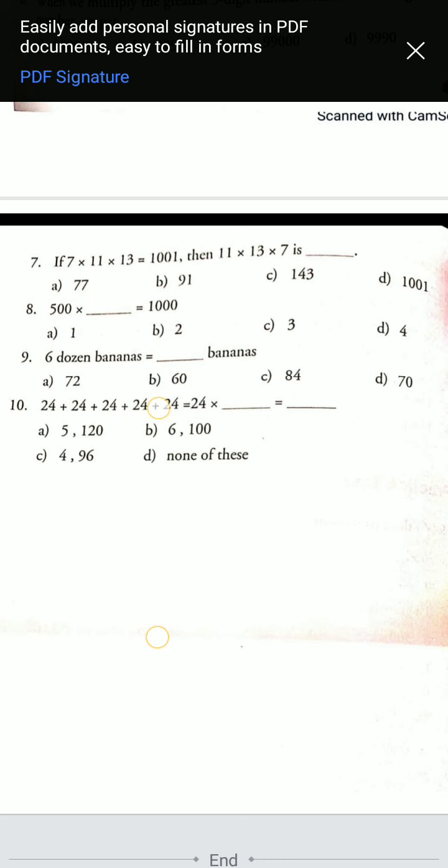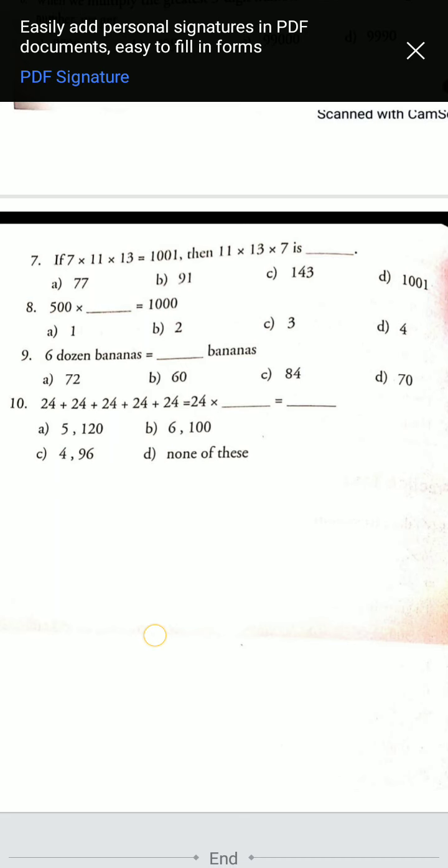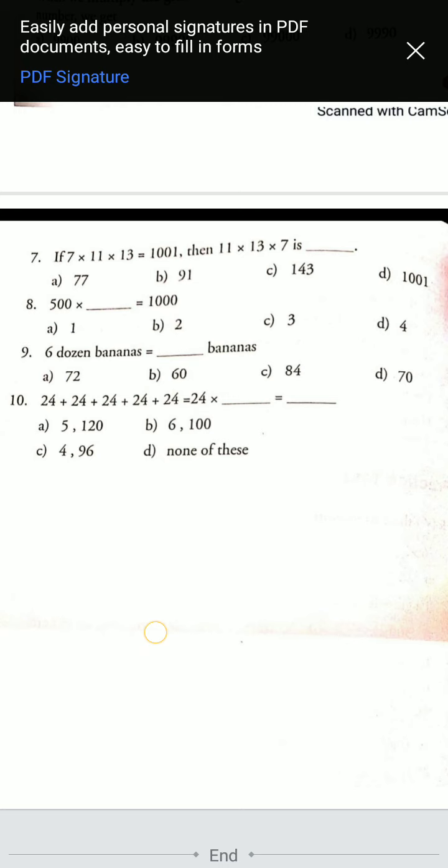What number is it? You have to write down first 24. They have written it already. How many times is 24 there? 1, 2, 3, 4, 5. You have to write here 5. That means this one is the right answer, A part. I hope you all understand.